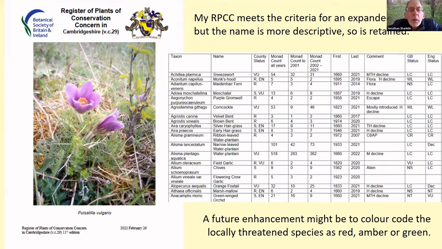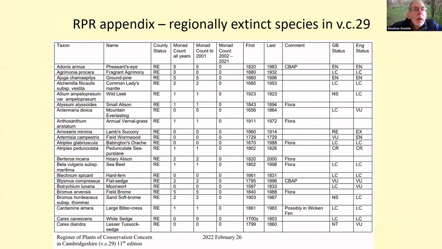I probably can enhance it a bit further, and possibly following the RSPB type of register of birds of conservation concern, putting in a color coding as to which category things are in might be useful. And I've got a register of extinct species.